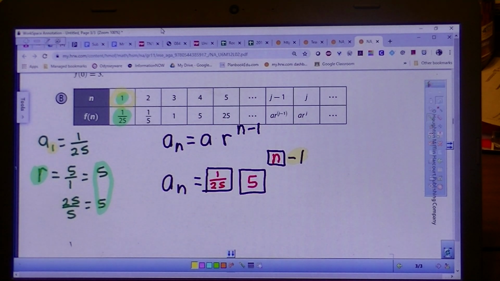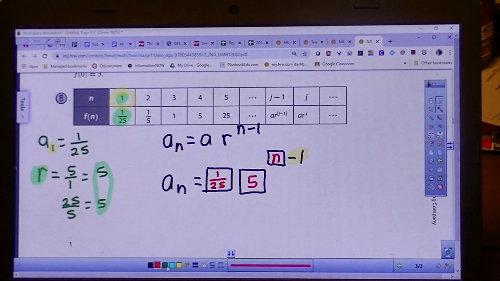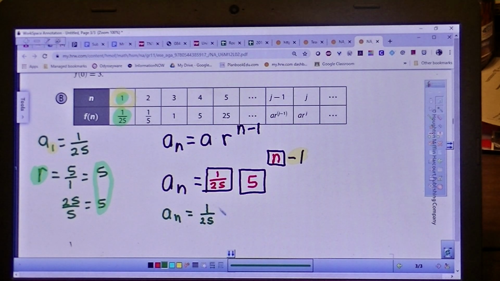So let me clean it up, just make it look a little nicer, how you would normally write this kind of thing. A sub n equals 1 over 25, and I'm going to leave it in parentheses so we can keep track in our head what's going on here, 5 to the n minus 1.